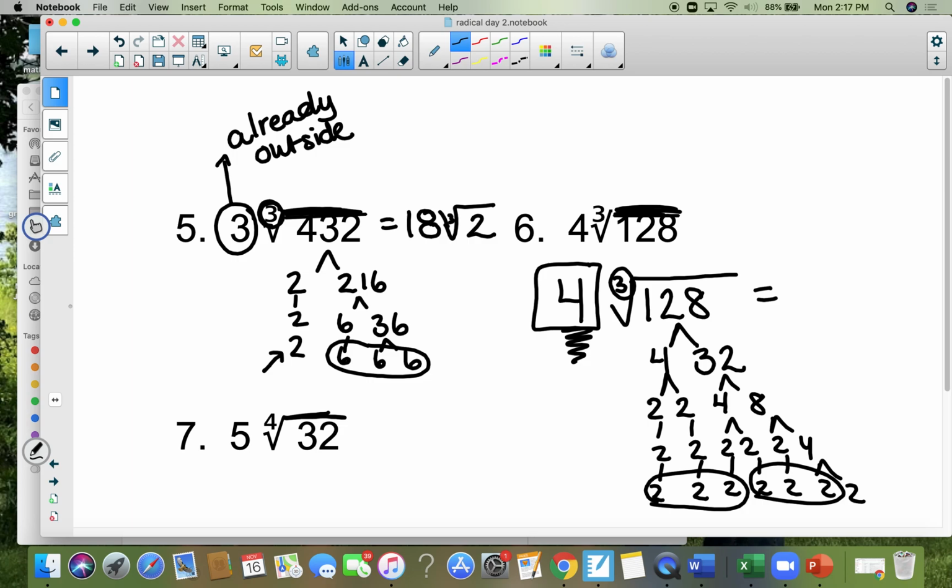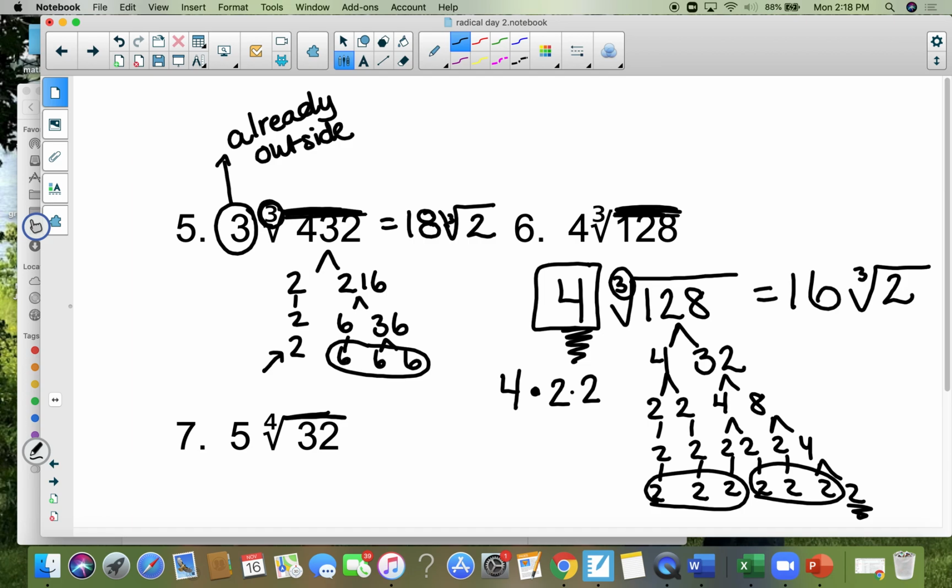So 2 times 2 is 4, and 4 times 4 is 16. Again, how did I get that? There's already a 4 outside. I'm going to multiply it by 1 group of 2, and another group of 2. And 4 times 4 is 16. But I still have a little cube root. I still have a 2 lingering. There's not enough of them, so there has to be a lingering 2.